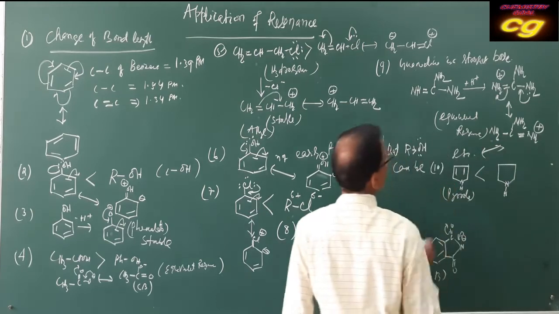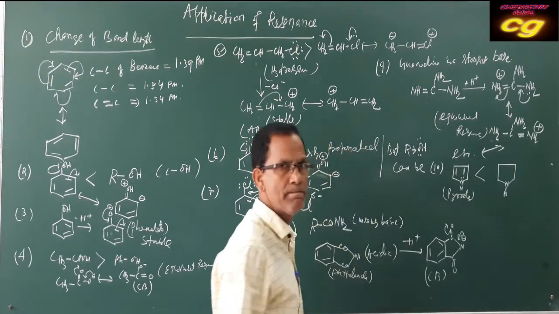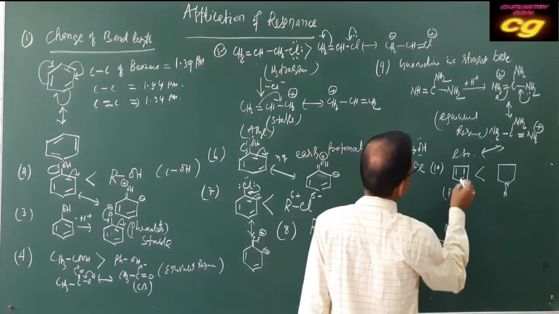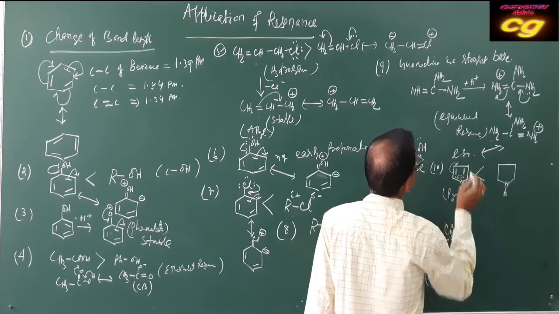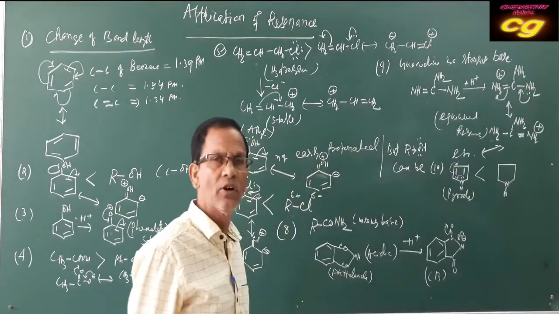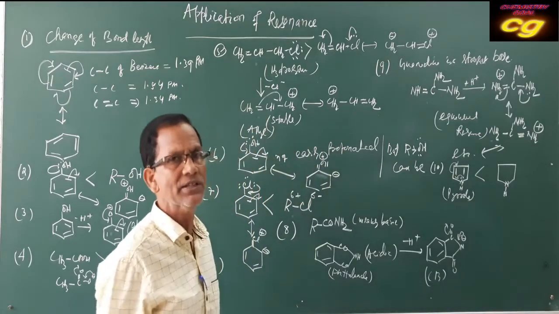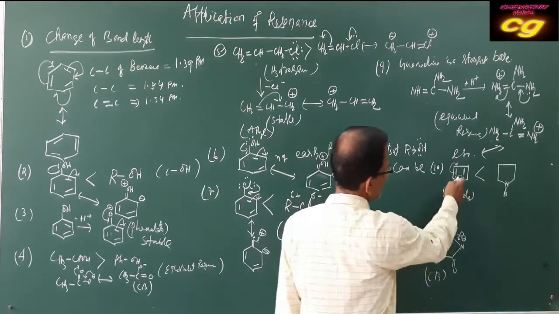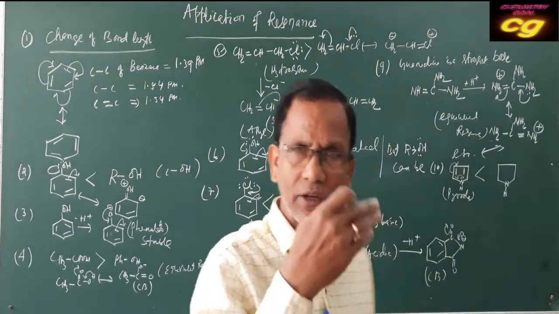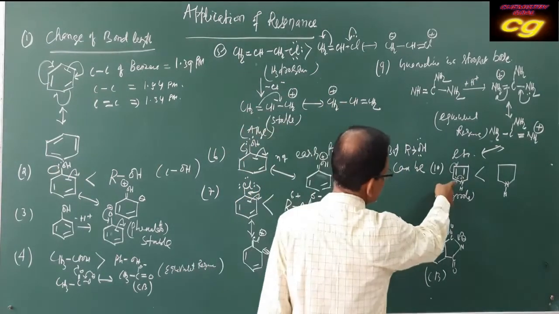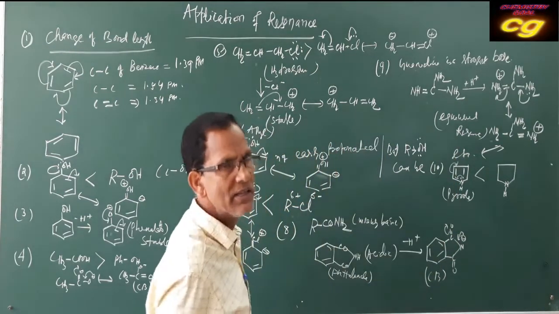Because the lone pair on nitrogen is delocalized by resonance. As delocalization occurs, lone pair availability on nitrogen decreases. We know basic character increases when electron density on the atom increases. As the electron density on nitrogen decreases due to resonance, it is less basic.